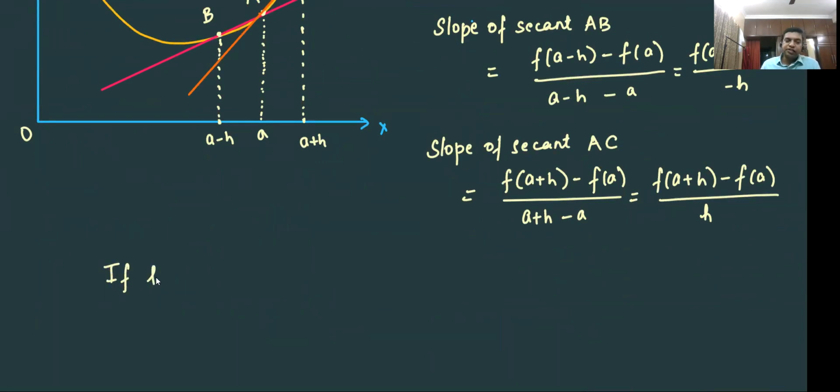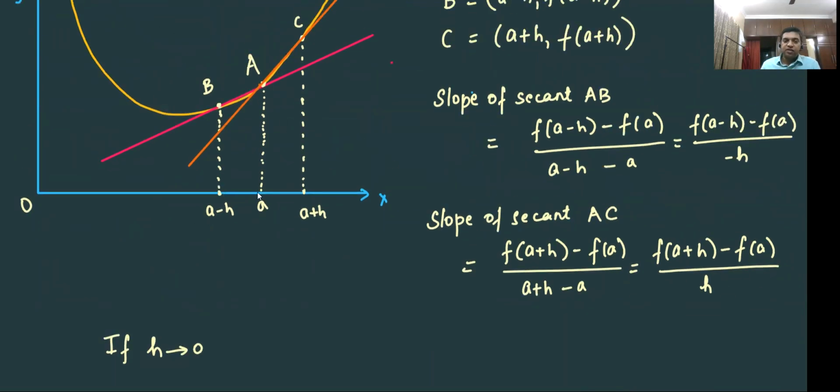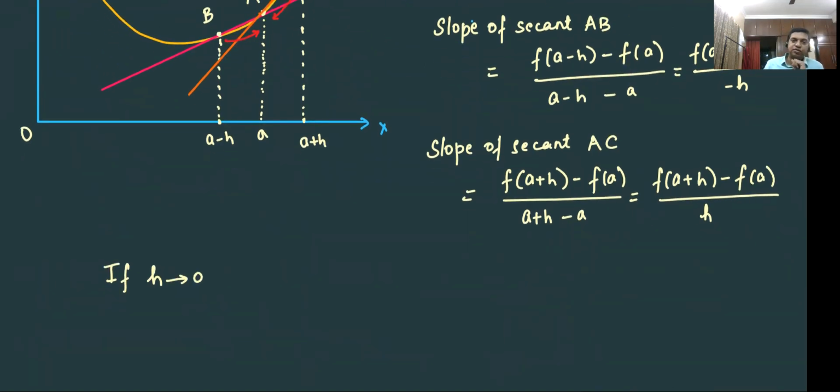If h tends to 0, that means this difference tends to 0, then what happens, this point B moves towards A, and because h tends to 0, this point C moves towards A. Correct? So as h tends to 0, B tends to A, and C tends to A.